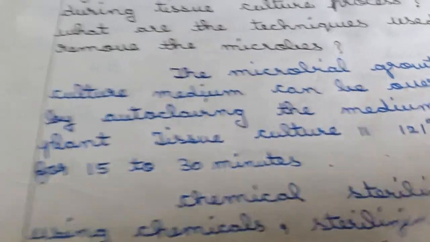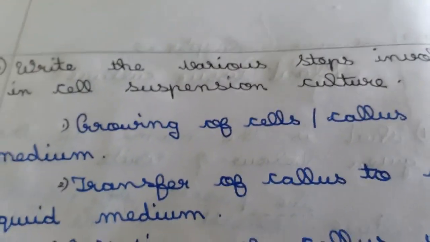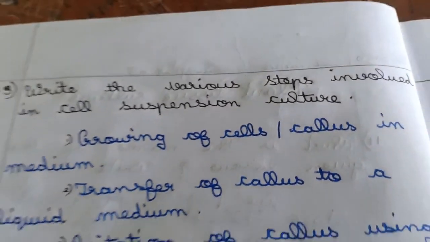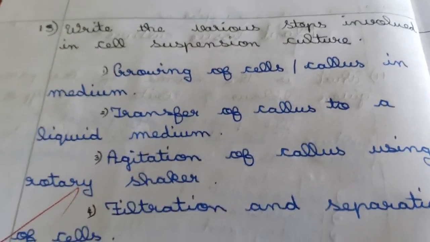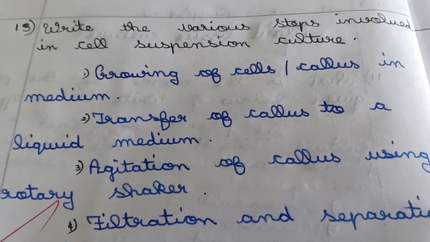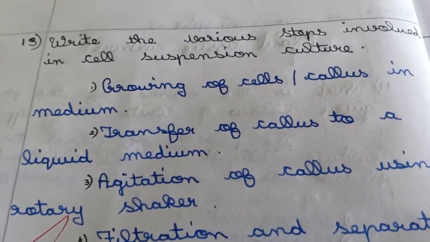Okay, now let's move to the 13th question. Write the various steps involved in the cell suspension culture. Okay, we can find 4 points here. First is growing of the cells, callus in the medium, in a nutrient medium.